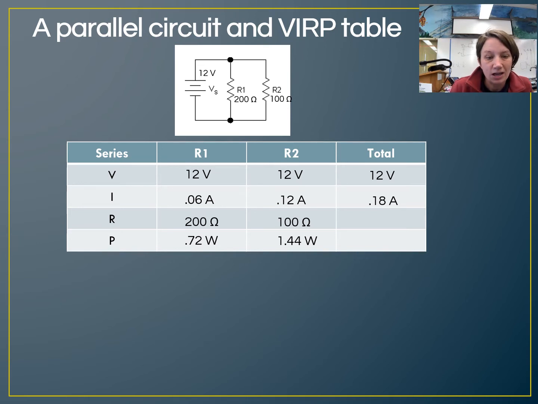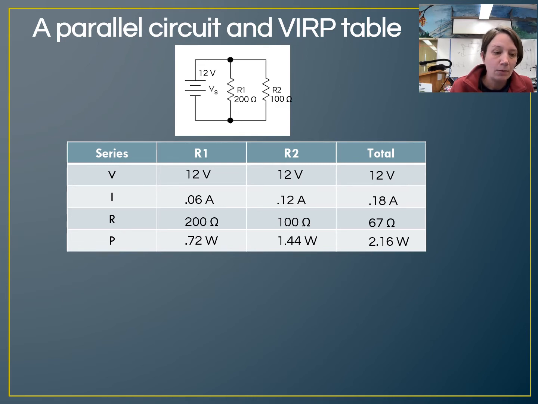So if you think about it, you'll realize that the battery has to be spitting out 0.18 amps of current in order to allow that current to divide where it divides and goes through R1 and R2. So I put in 0.18 amps for the total current. And now I've got my two values, and I can go ahead and calculate the other ones using my equations. I get an R value of 67 ohms, and I'm going to get a power value of 2.16 watts.